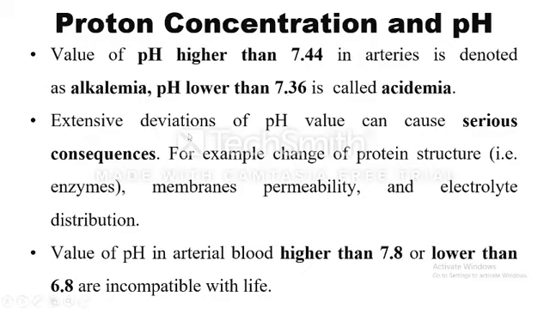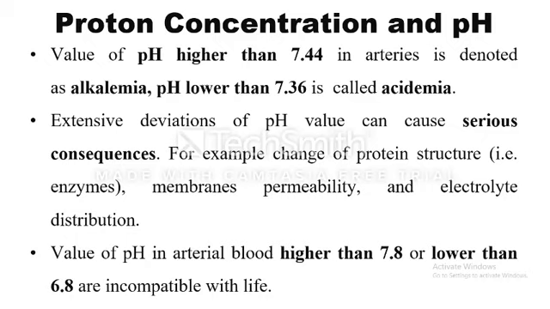Extensive deviation of pH value, increase or decrease, can cause serious consequences in our body. For example, change in protein structure. Protein structures can be changed, and most of our enzymes are made up of proteins.